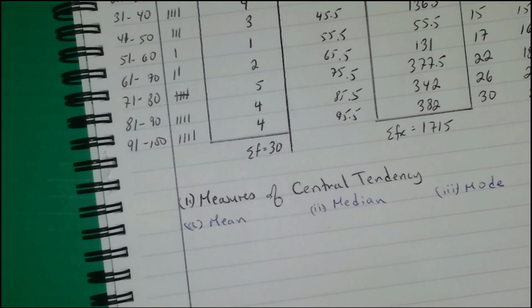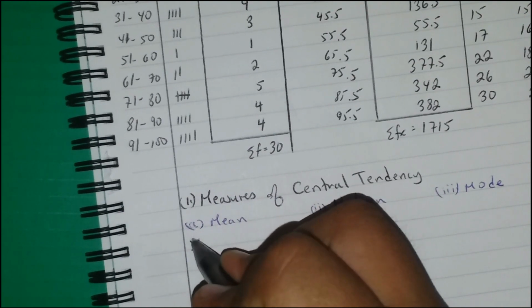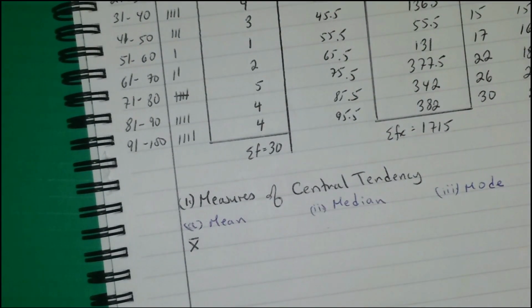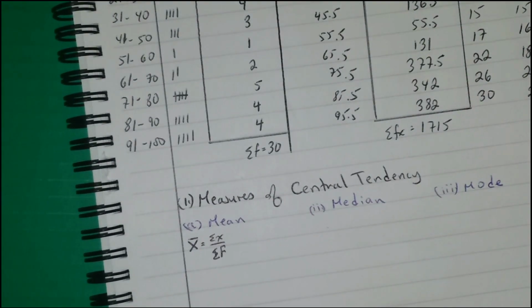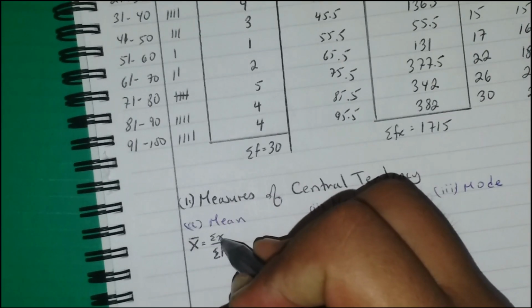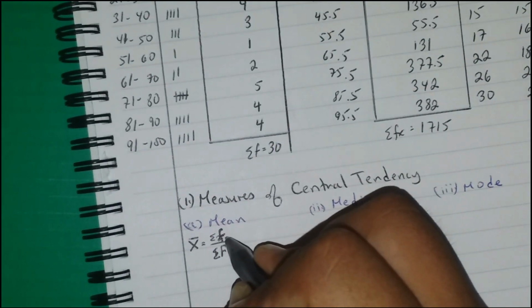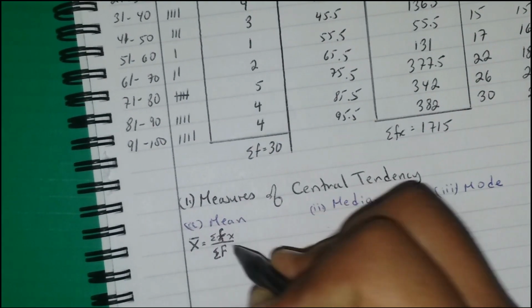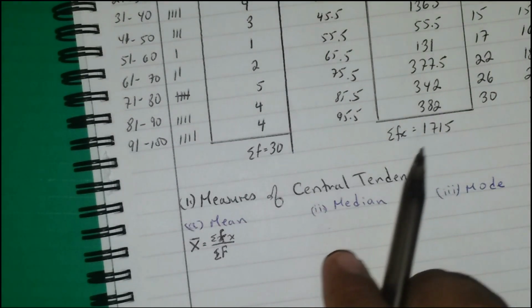What we want to do is find the mean. We know it's x bar, right? Mean equals the summation of fx divided by the summation of f, which you can see we already have.